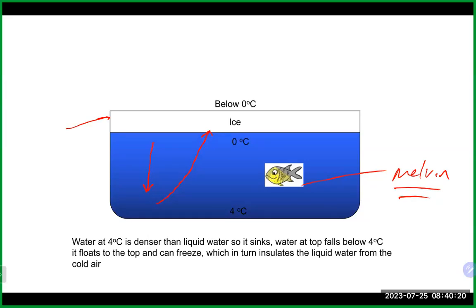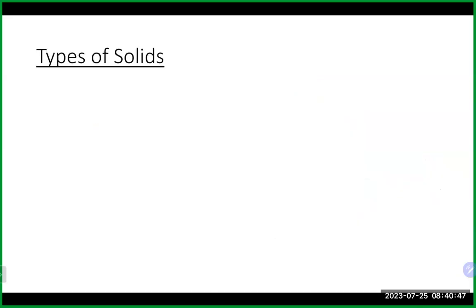But it allows all the sea life at the bottom to still be swimming around okay, because they're not frozen, unless you drill a hole in the ice and do a little fishing, which you would not do to Melvin, right? But again, that is why sea life, or lake life, is okay when things start to freeze, because that warmer water actually does go to the bottom. The colder water goes to the top.